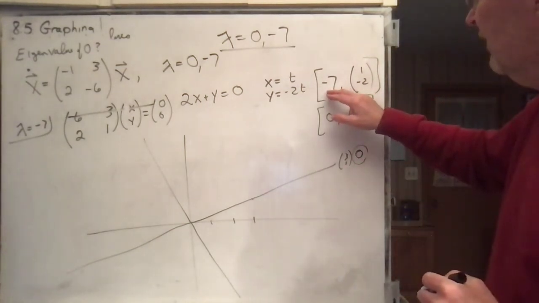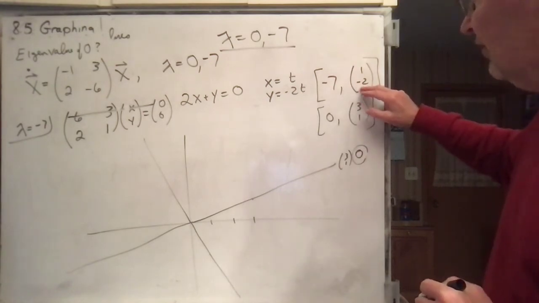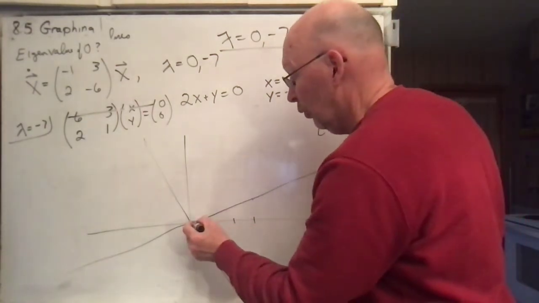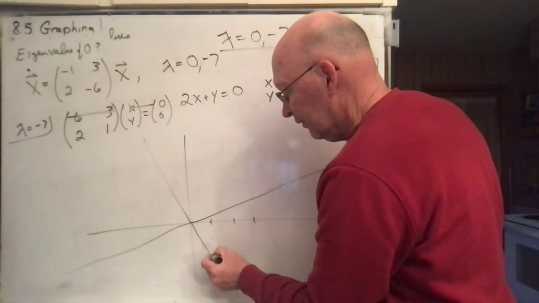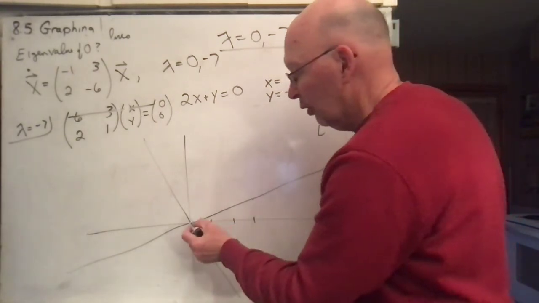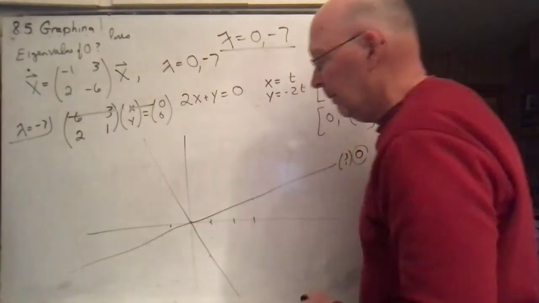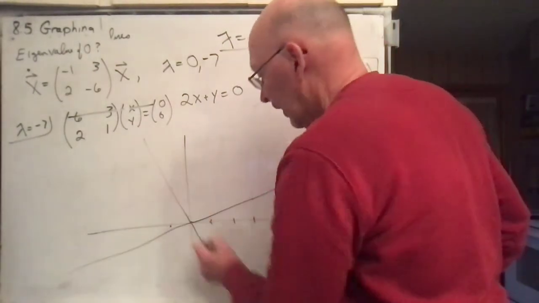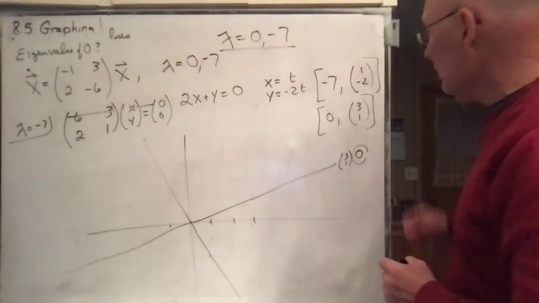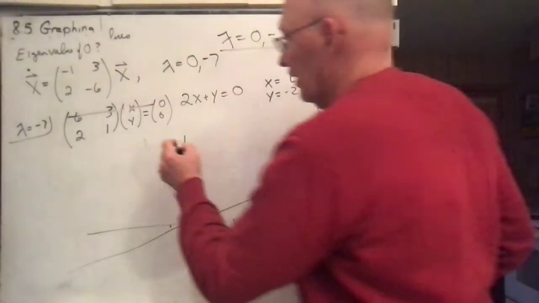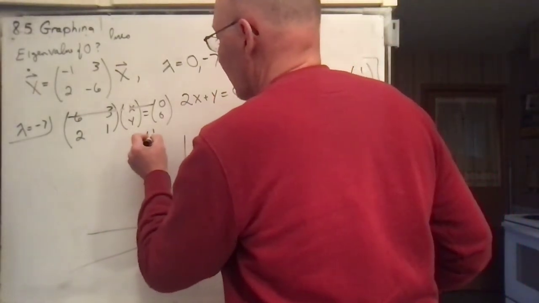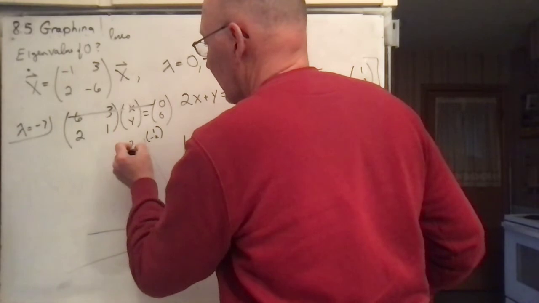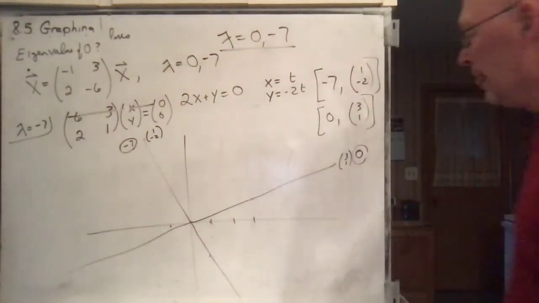And then negative 7, that has the eigenspace of 1, negative 2, which means I go 1 over, negative 2, 2 down. Or I could go 1 over and 2 up. Point is, one of them is positive, one of them is negative. So there's your eigenspace right there. And that's the eigenspace associated with 1, negative 2 with the eigenvalue of negative 7.